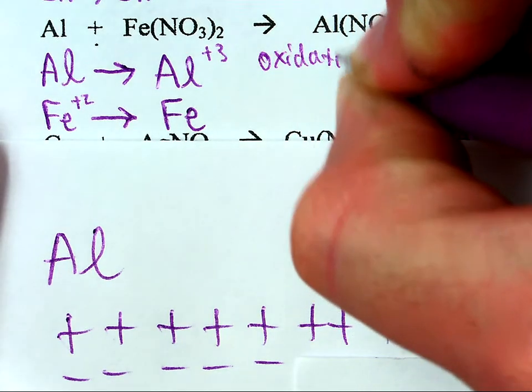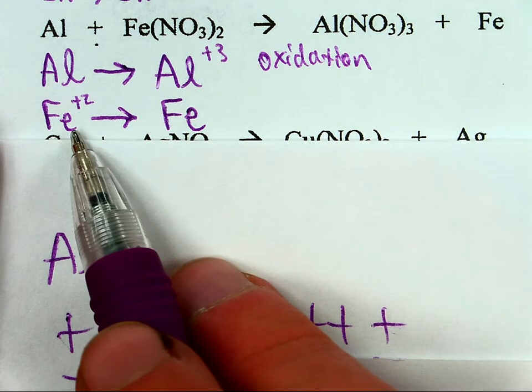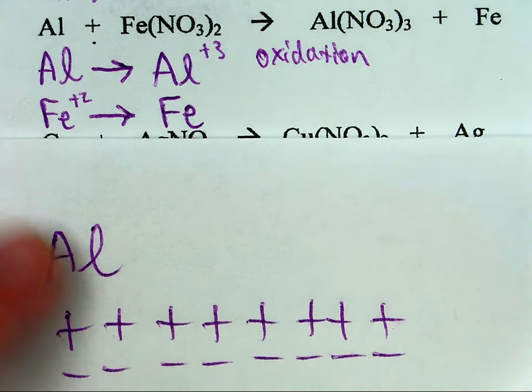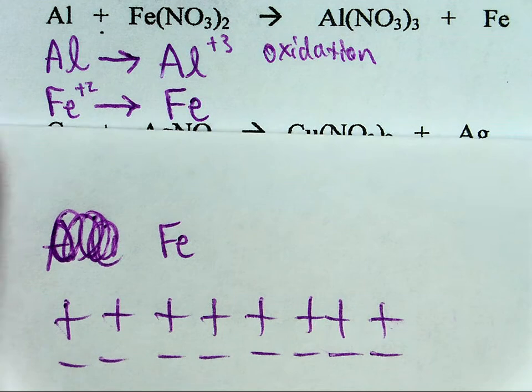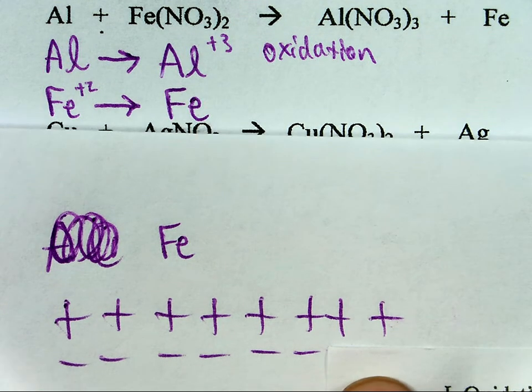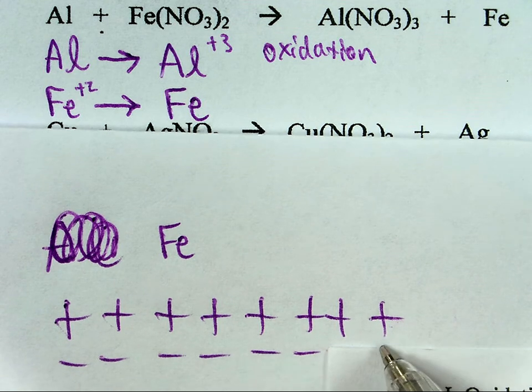And then iron, okay, let's look at it for iron. Okay, so now pretend this is iron. At the beginning, iron has a charge of +2. So let's cover up these 2 minuses. Can you see how this now makes a +2, where everything balances out except for these 2 pluses at the end? This represents the protons of the iron and the electrons of the iron.